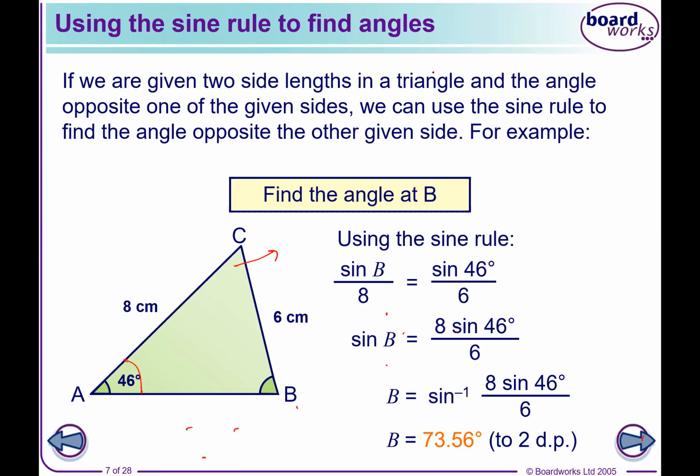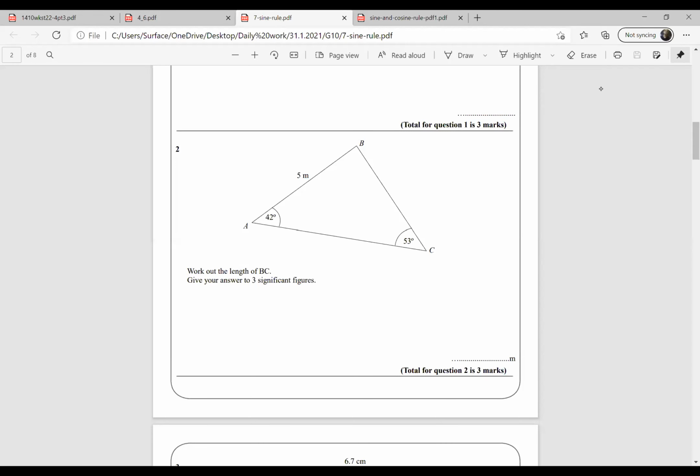Okay guys, could you solve number 2? You have two angles and one side, then we can use the sine rule. Please solve it. 5 over sine 53 equals x over sine 42.